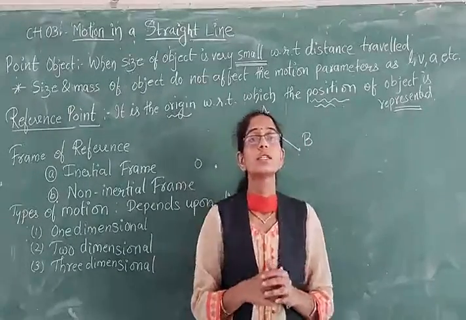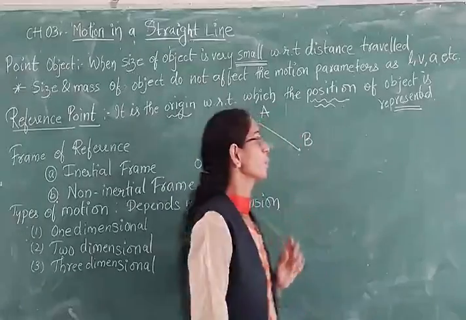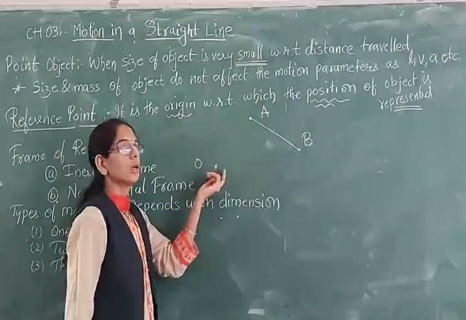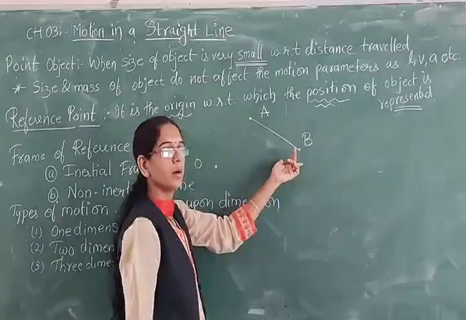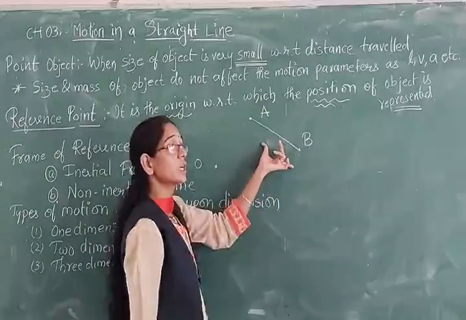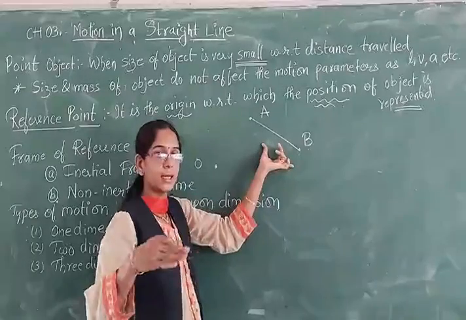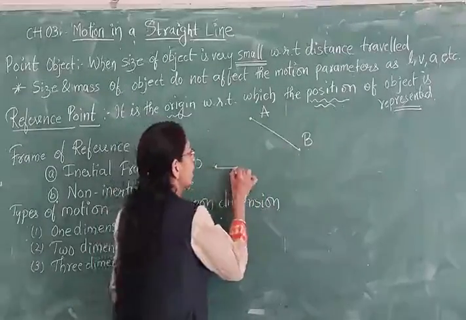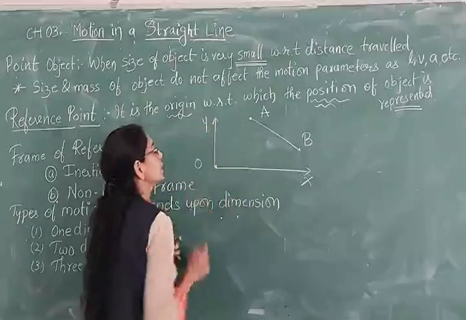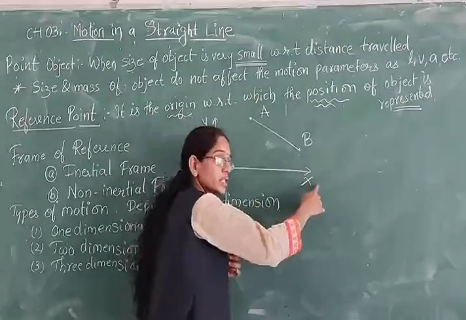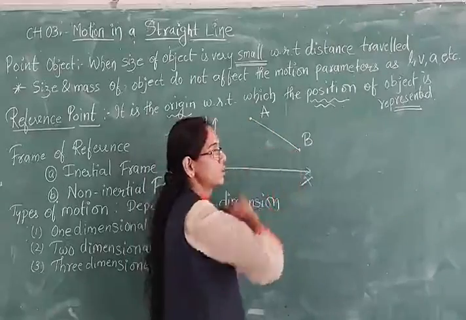So we will see what is meant by this frame of reference. Here, with respect to the origin, this object is moving in this particular manner. If that object is moving in a plane, then my x-axis and y-axis will give you the reference frame for the motion of this object.